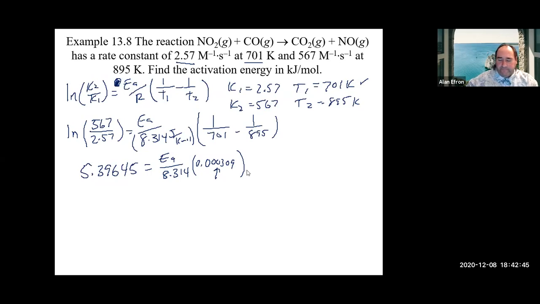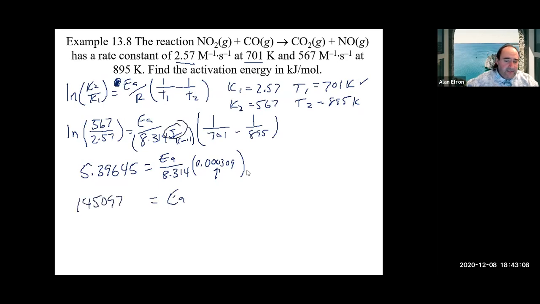So we're going to take 5.39645, multiply 8.314, then take our temperature to the other side. Hopefully not losing any zeros along the way there. Ends up with an E of A of 1.45097.